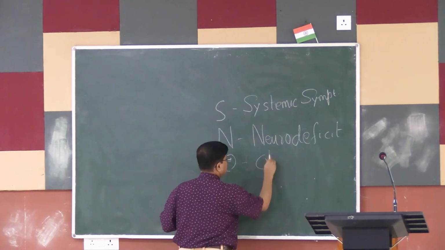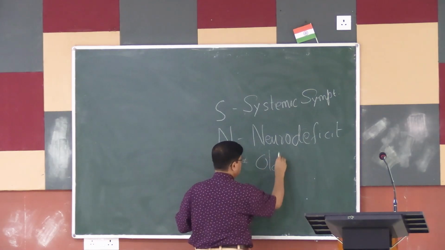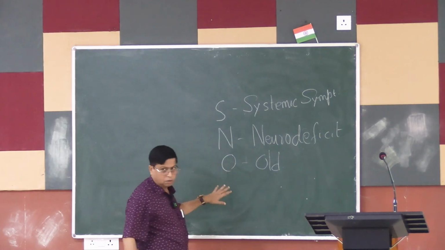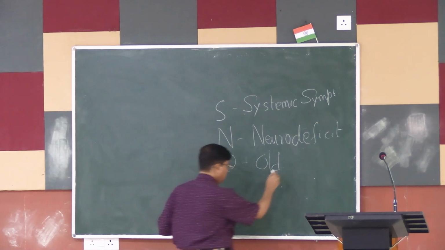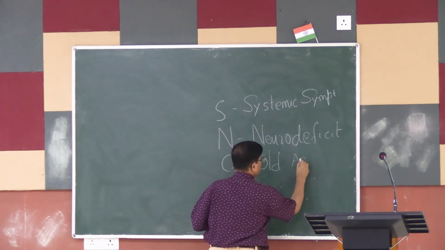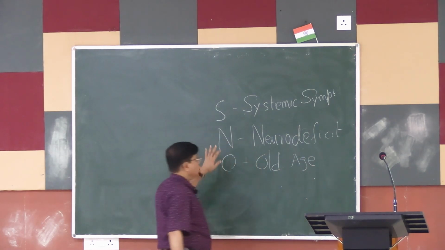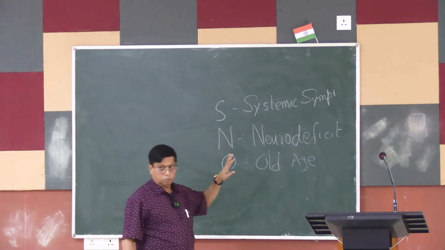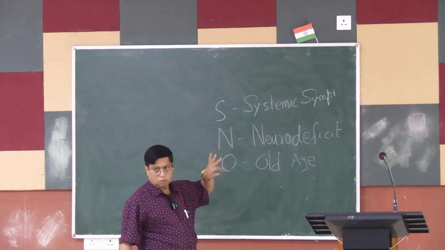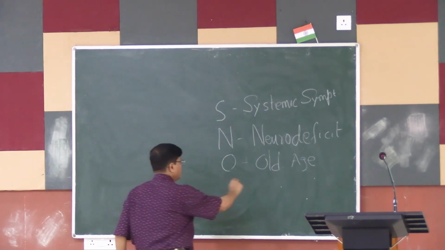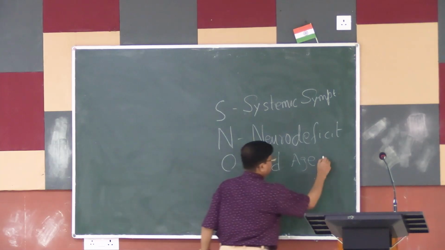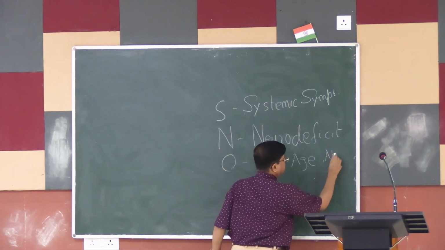So old age. I have already mentioned this, but to remember I am just putting this. How can you remember in your exam? Old age. Remember this, but put it in writing like this. That is the thing. Okay, so this is old age and abrupt onset.